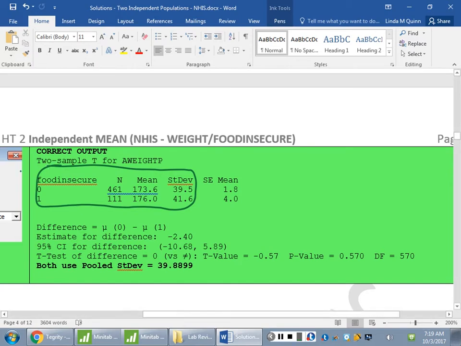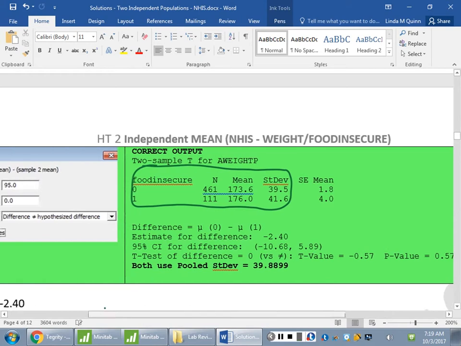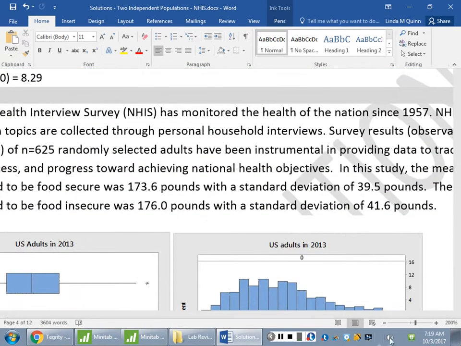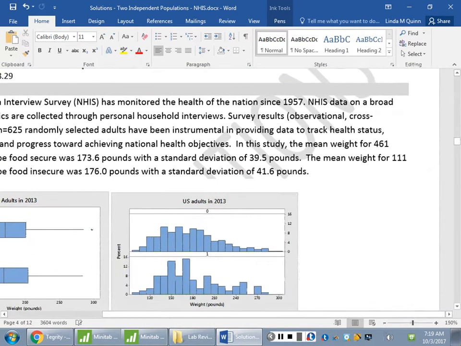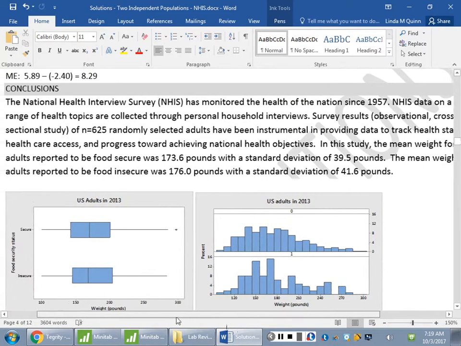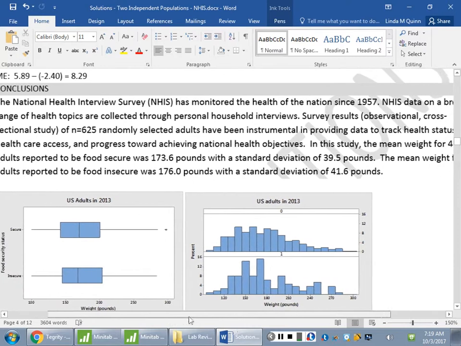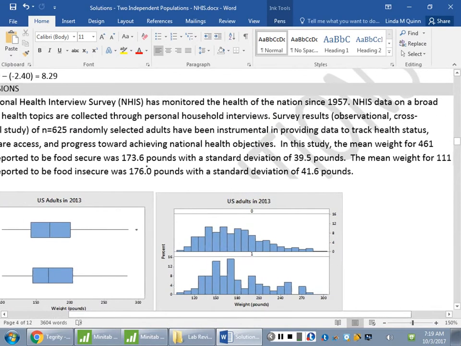Let me just show you that here while I've got it up and fresh in your mind. So in my conclusion section, first thing I say is the mean weight for 461 adults reported to be food secure was 173.6 pounds with a standard deviation of 39.5.